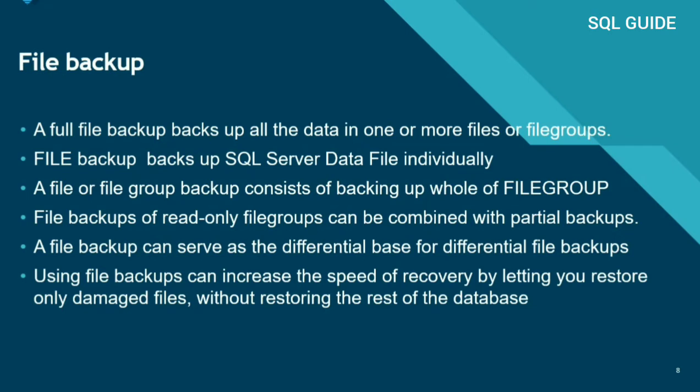File backup of a read-only file group can be combined with a partial backup. A file backup can serve as the differential base for a differential file backup. Using file backup can increase the speed of recovery by letting you restore only the damaged file without restoring the rest of the database.